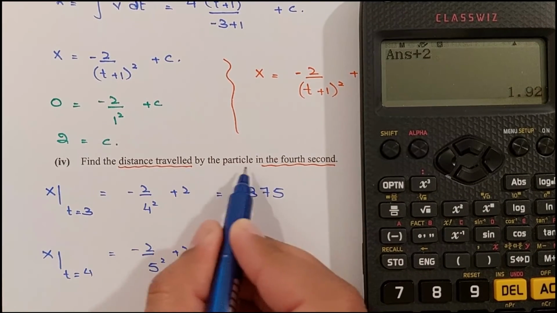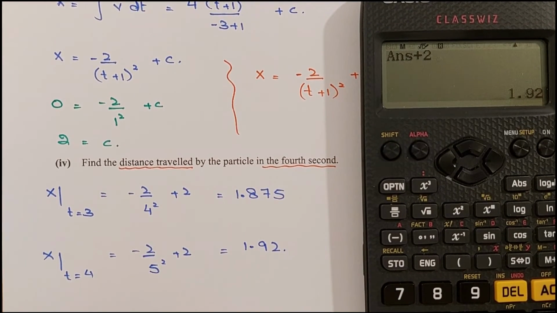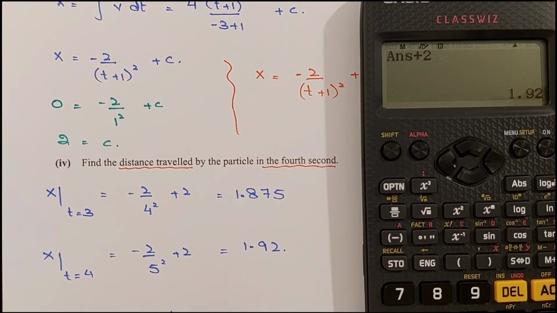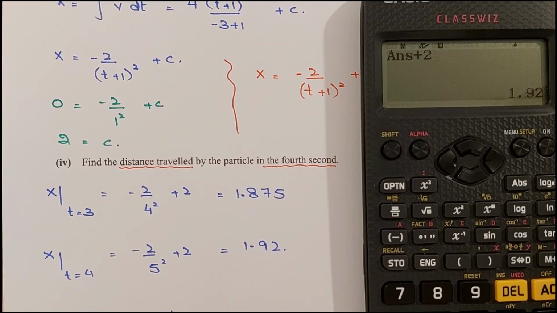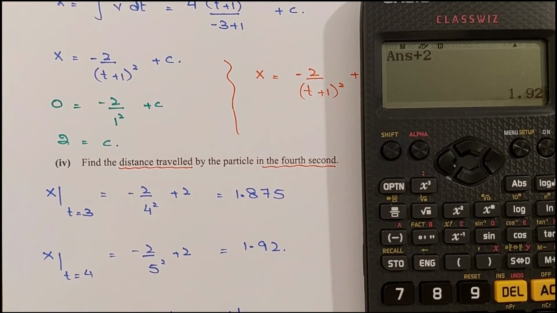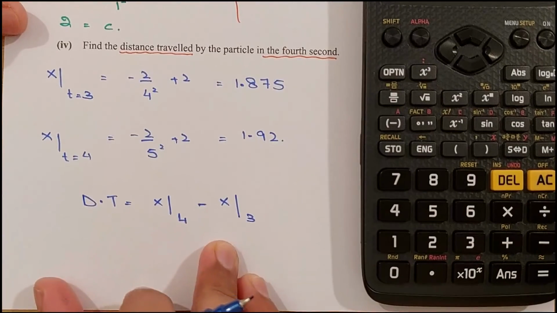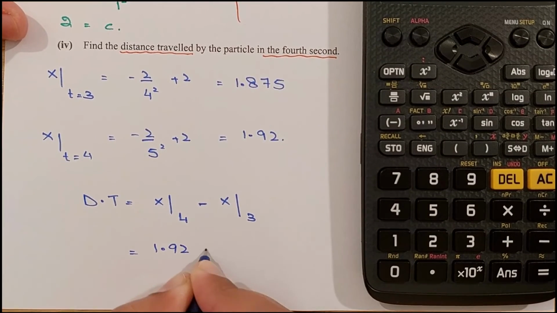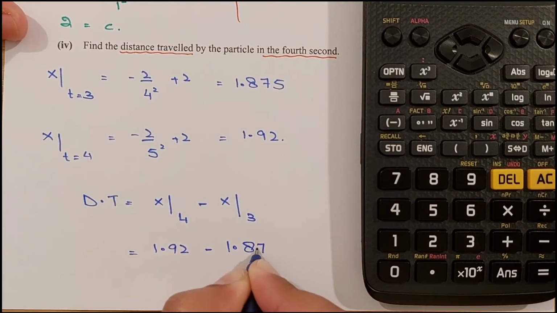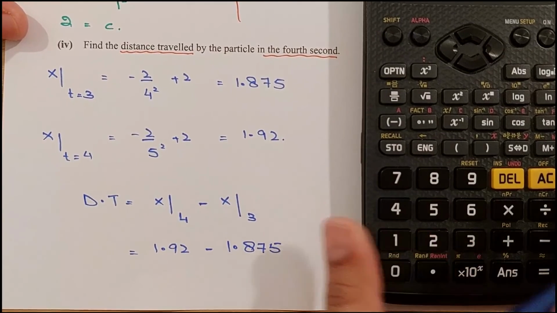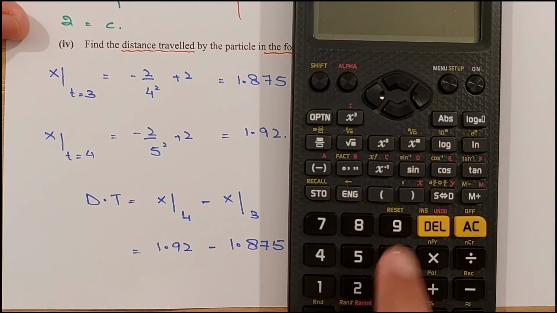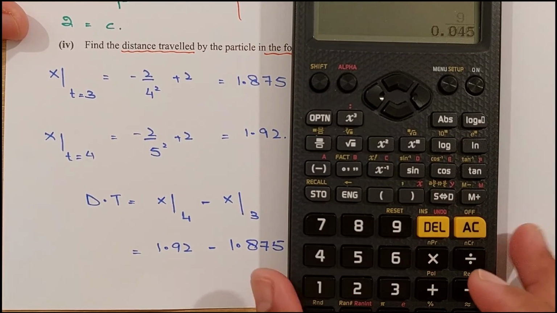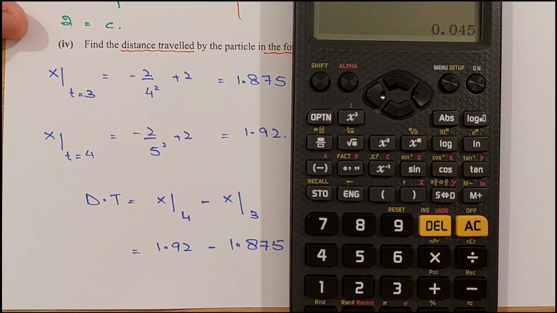And the distance traveled by the particle in the fourth second is the displacement at t equals 4 minus the displacement at t equals 3. So the difference in the displacements. So 1.92 minus 1.875. This is equal to 0.045.